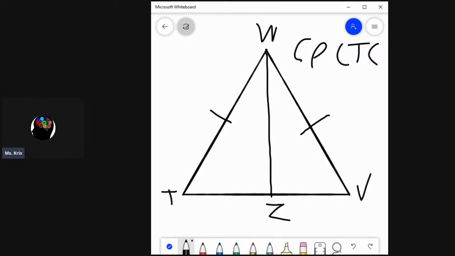And we also have angle TWZ is congruent to VWZ.